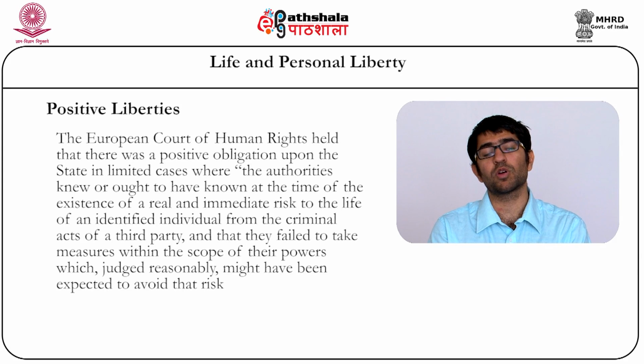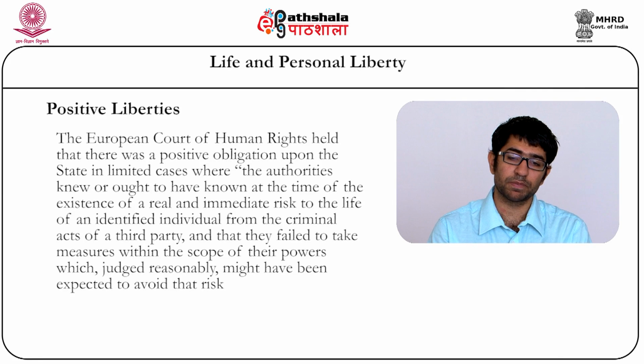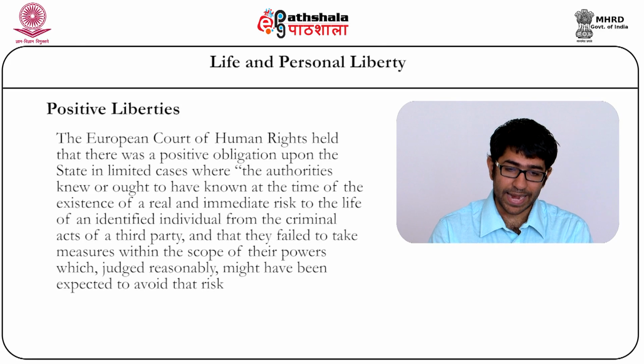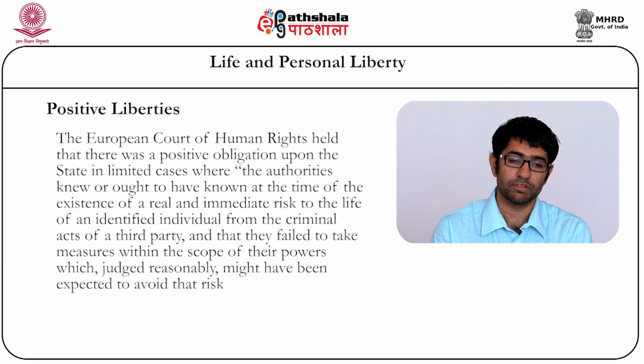The European Court of Human Rights held that there was a positive obligation upon the state in limited cases where the authorities knew or ought to have known at the time of the existence of a real and immediate risk to the life of an identified individual from the criminal acts of a third party, and that they failed to take measures within the scope of their powers which, judged reasonably, might have been expected to avoid that risk.